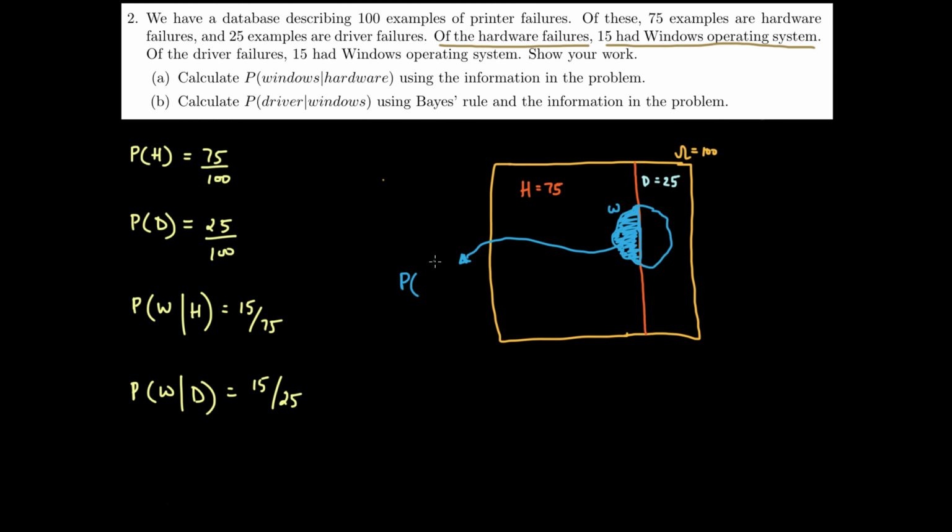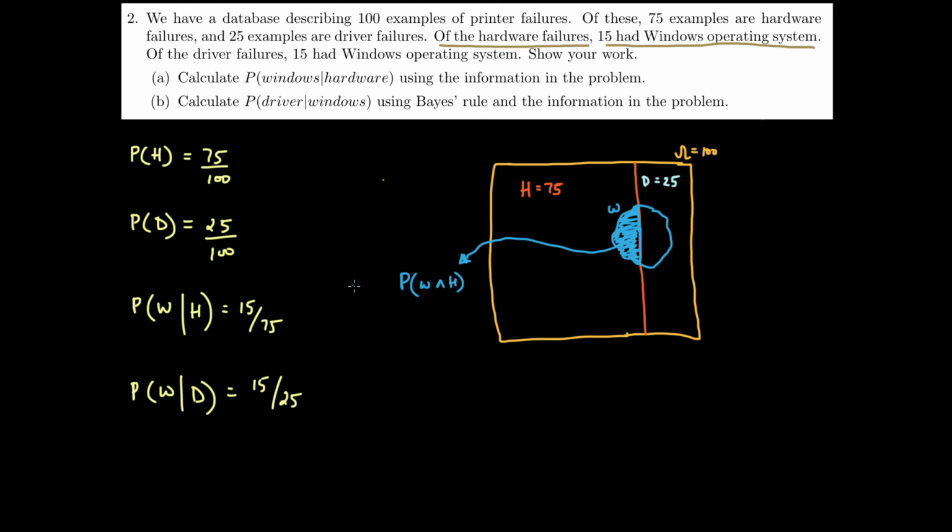Now, if I think of this in terms of the entire universal space, this entire shaded region is the probability of W and H here.